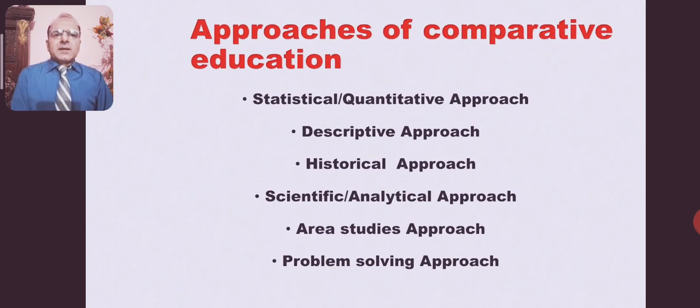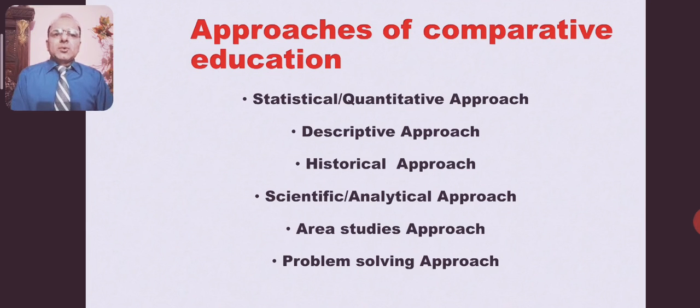The approaches to comparative education include the statistical or quantitative approach, the descriptive approach, the historical approach, the scientific or analytical approach, the area studies approach, and the problem solving approach. And of course, there will be other approaches to this comparison of the education systems.